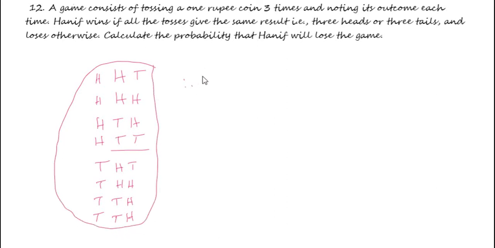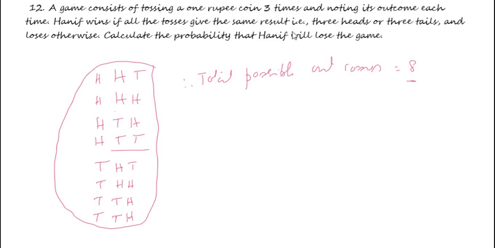Therefore total possible outcomes equal 8. This is the simplest method to do. First take 2 coins, find the 4 possible outcomes, copy it again, and in front of one set add head, in front of the other set add tail. This is the simplest way of calculating the possible outcomes when you toss 3 coins. Now total possible outcomes is 8.